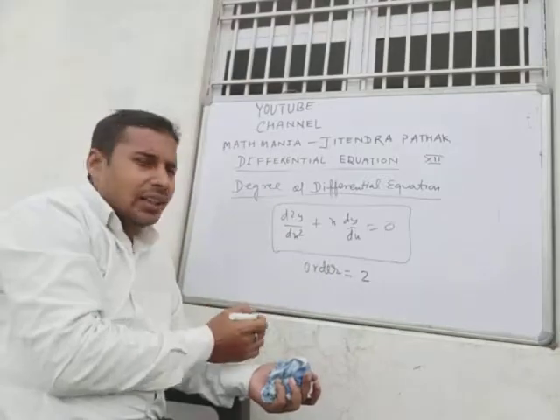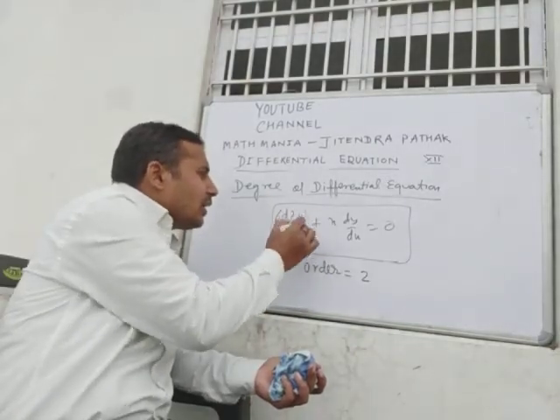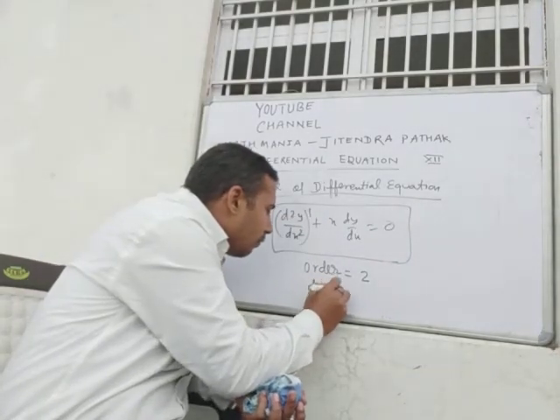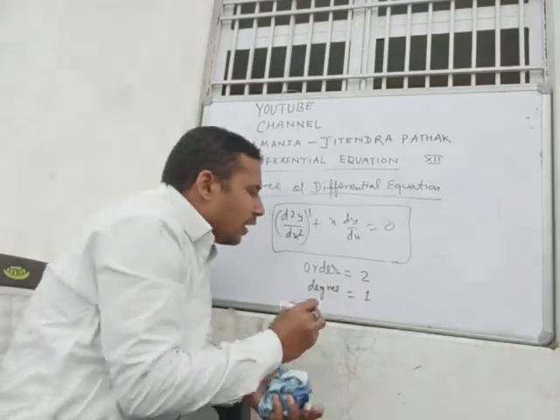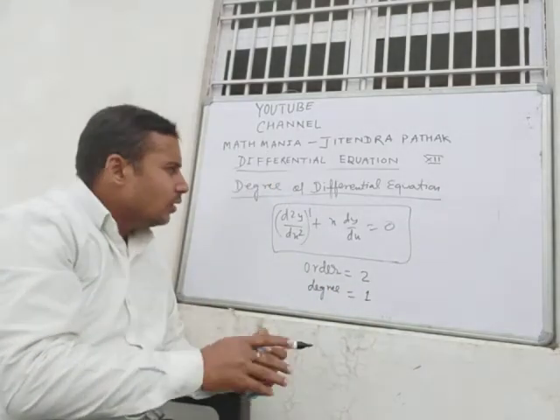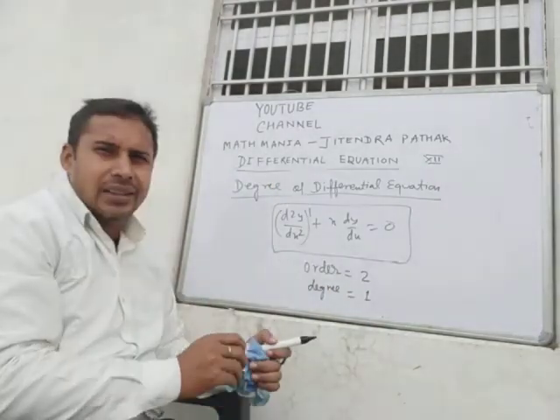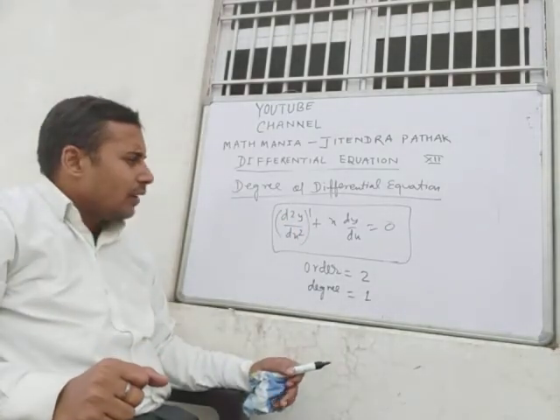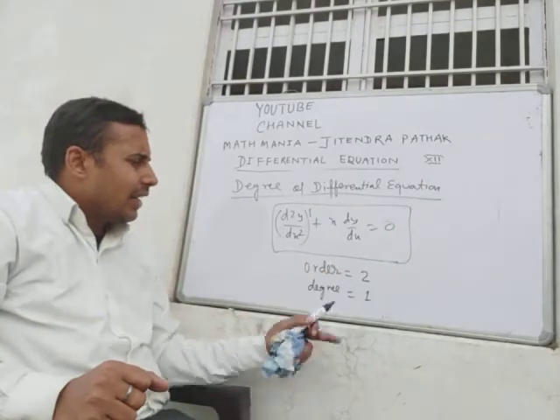And what is degree of the equation? This is containing 1. It means degree is 1. So we can easily understand by this equation, and we can find order and degree.